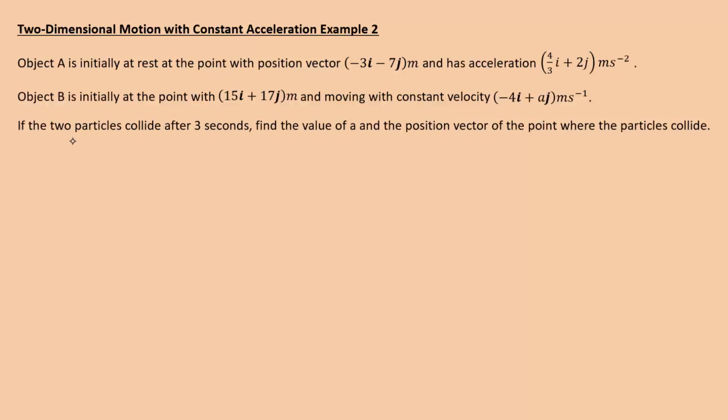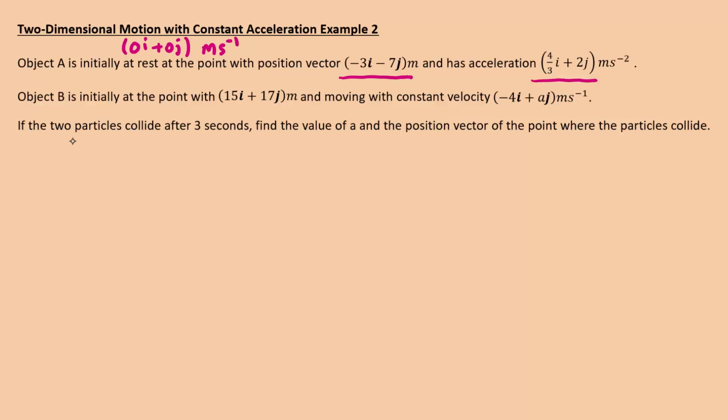Object A is initially at rest at the point with position vector -3i + 7j meters and has an acceleration of 4/3 i + 2j. So if it's at rest, the velocity is 0i + 0j meters per second.